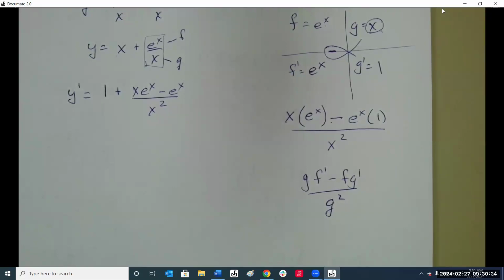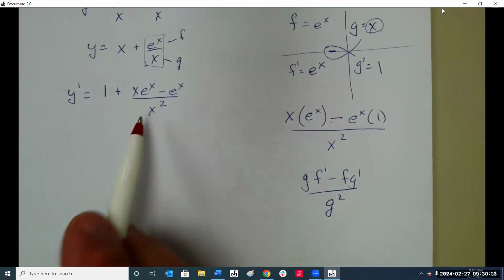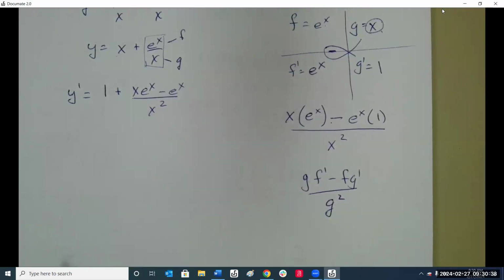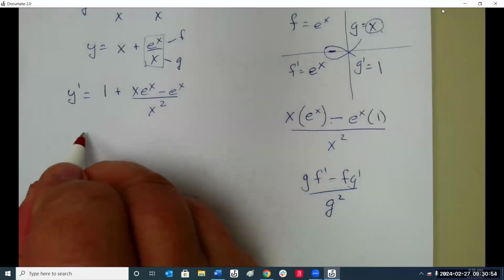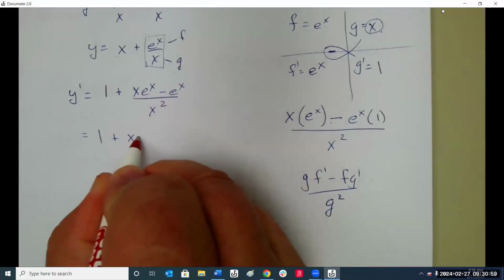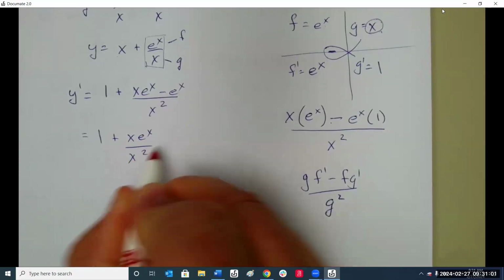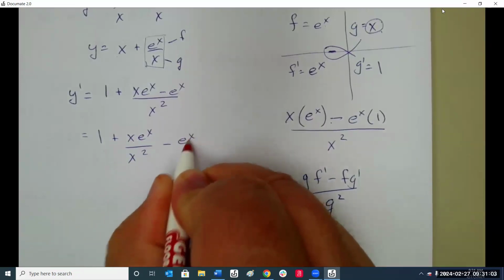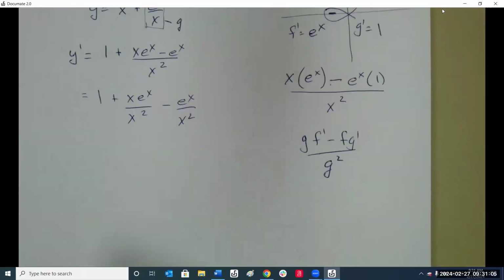They're expanding. So what do we do now? We can split up both of these. We get e to the x over x squared minus e to the x over x squared.